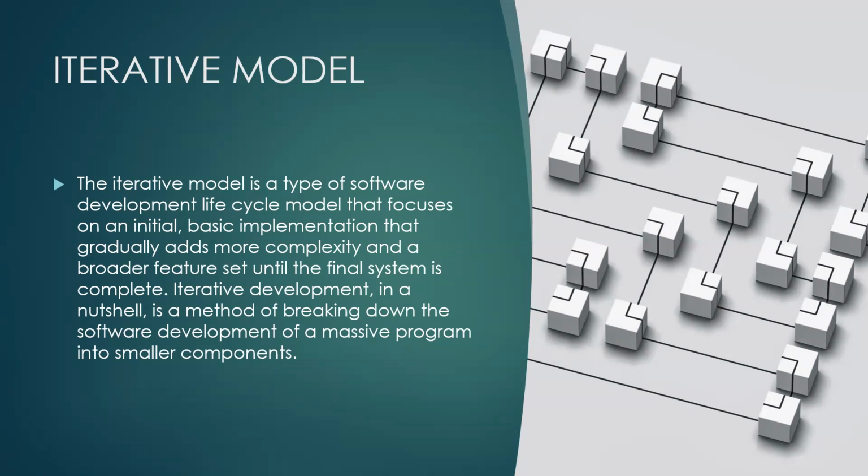When the first component is developed, after that the next component will be developed, and the basic thing is that feedback is allowed in this model. So we will get a more robust application by this model, and it is very fast as compared to the waterfall model.